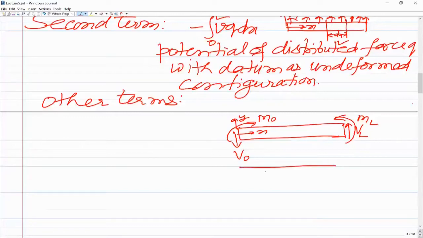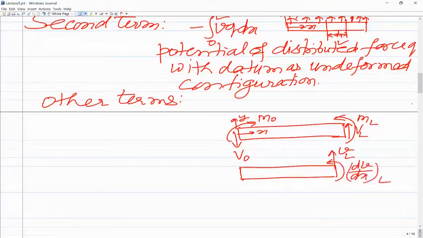is supported. If you look at the end points, the displacement is VL, and the rotation would be dv by dx at L. Similarly here the displacement is v naught, and the rotation is dv by dx naught.